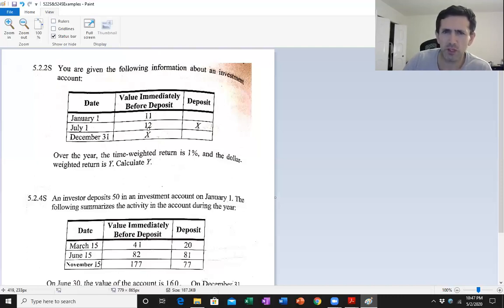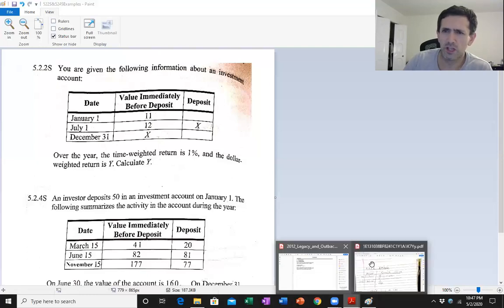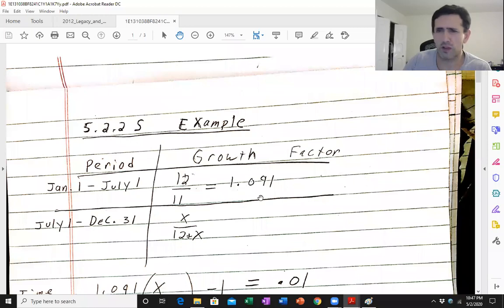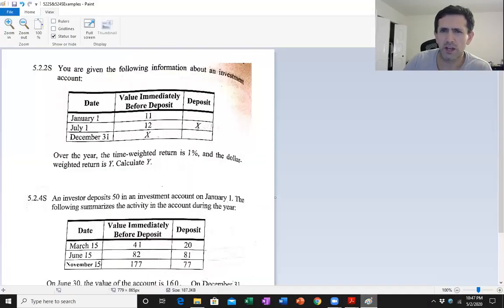So the period between July 1st and January 1st, that growth factor using the formula I just mentioned is 12 over 11. That becomes 1.091. Okay, and then we really only have one more period, and that's December 31st to July 1st. Okay, so after the deposit, you have 12 plus X. Right?